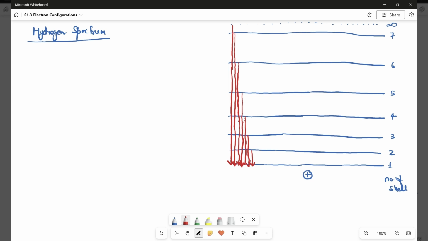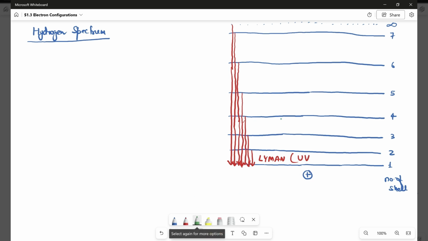If this is the condition, a packet of light is released, and this is called the Lyman series. And the Lyman series is actually UV light.